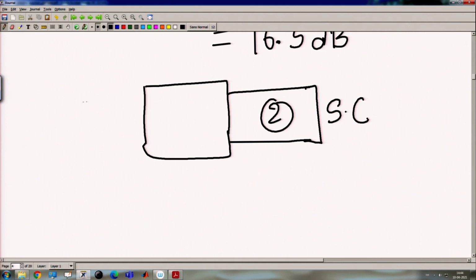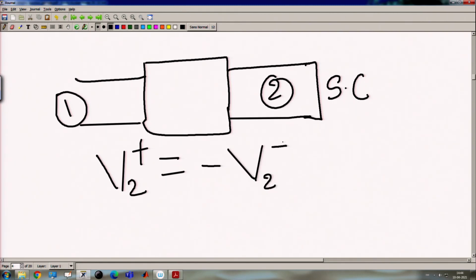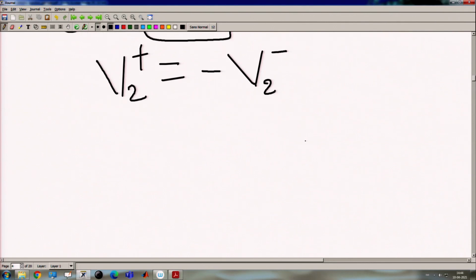For this case we can write V2 plus equal to minus of V2 minus, because this is short circuit. The reflected wave will be out of phase by 180 degrees.